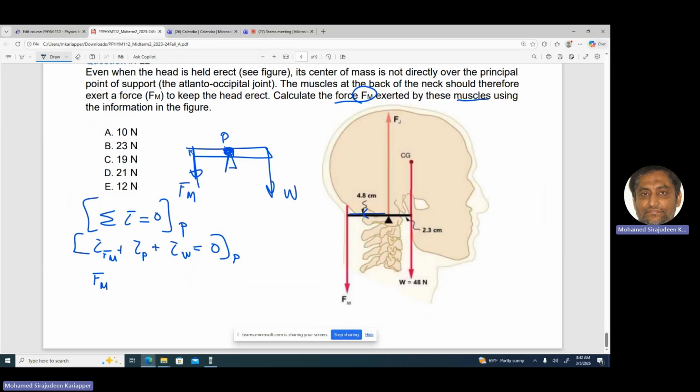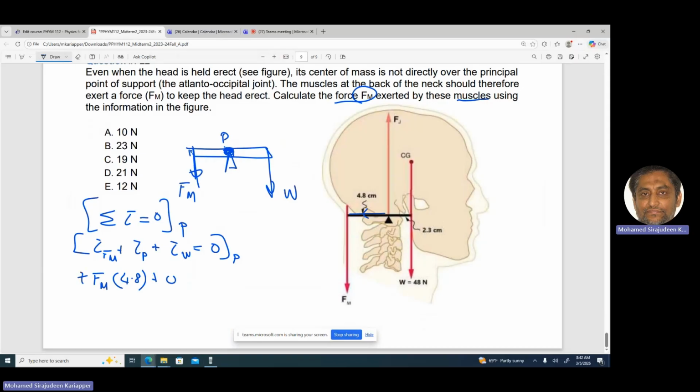So I will write 4.8. If you have converted, it's fine, no problem. Plus sign. Don't forget the sign. Is it positive or negative? Positive.